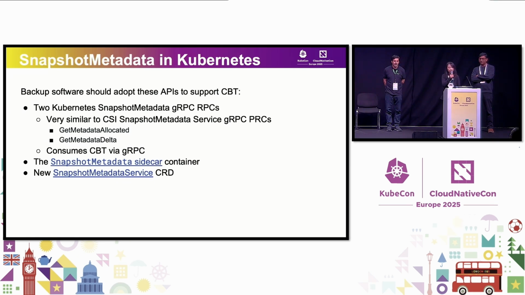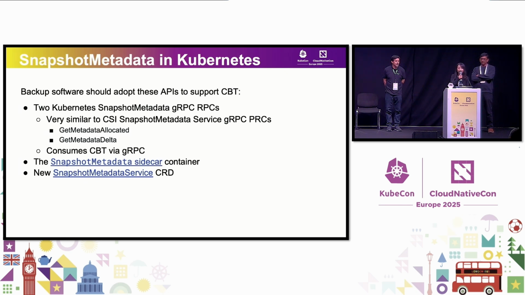To add CBT support in Kubernetes, we also introduced 2 Kubernetes snapshot metadata gRPC APIs, GetMetadataAllocated and GetMetadataDelta. The backup software will be calling these Kubernetes snapshot metadata APIs to retrieve snapshot metadata. This design is very different from other Kubernetes APIs we have designed so far in SIG Storage.